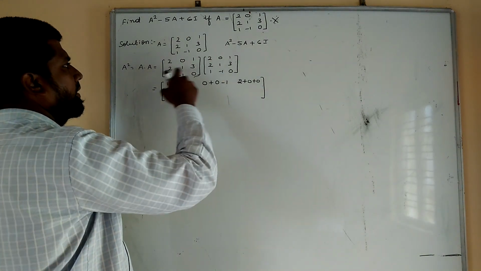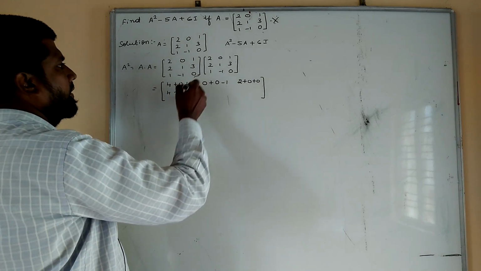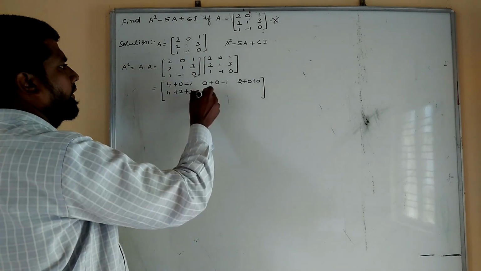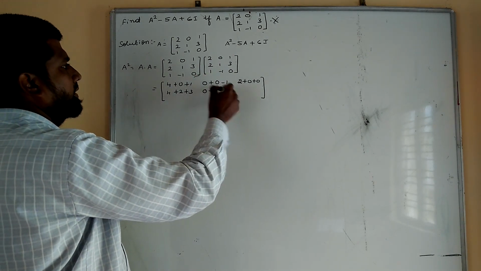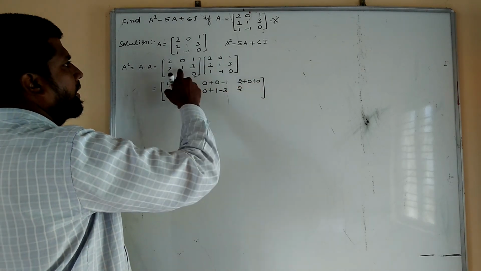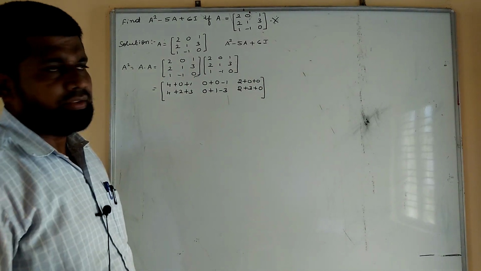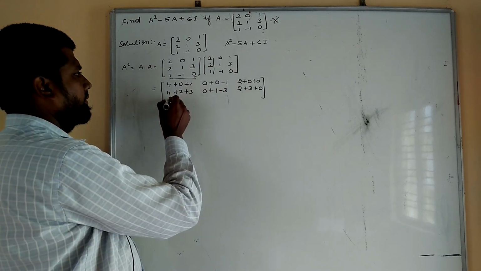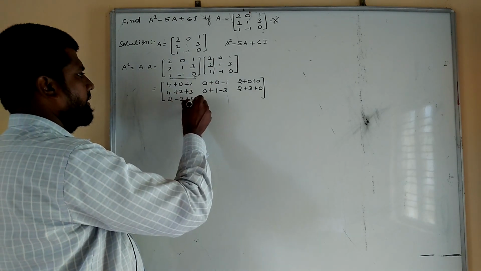So second row, first column: 2 into 2 is 4, 1 into 2 is 2, 3 into 1 is 3. Then second row, second column: 2 into 0 is 0, 1 into 1 is 1, 3 into minus 1 is minus 3. Then second row, third column: 2 into 1 is 2, 1 into 3 is 3, 3 into 0 is 0. So let us go for the next one, third row, first column: 1 into 2 is 2, minus 1 into 2 is minus 2, 0 into 1 is 0.